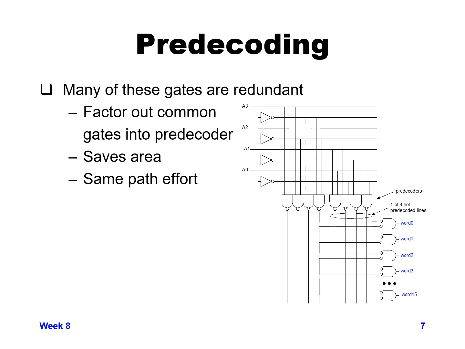In this case, we only need 8 NAND gates instead of 32 NAND gates, and we still need the 32 NOR gates to drive the final word values. But effectively, we can do this pre-decoder to save area. It's the same total amount of path effort, but it will save us area, and it will save us some amount of power as well in order to do this same logical function.